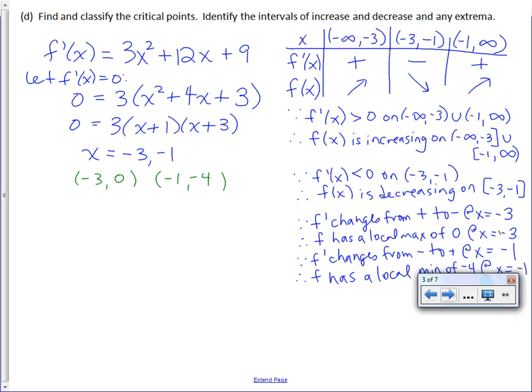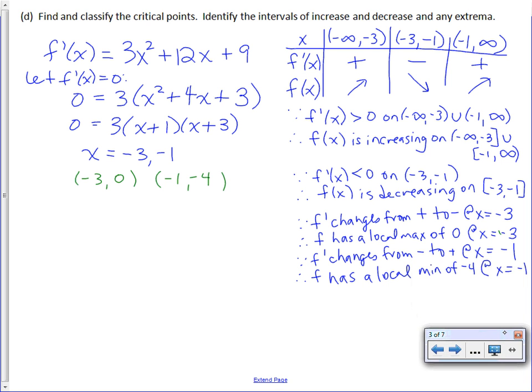So the critical points are the locations where the derivative is 0 or undefined, but in the case of polynomial, we only have to check where the derivative is 0. So we did that. We found those 2 values. We found the corresponding points, and then used those as our boundaries for increasing, decreasing intervals to confirm when the function's increasing or decreasing, and then confirm where we have local minima and maxima.